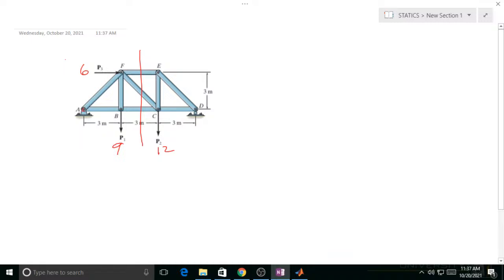First thing we'll do is sum moments about A, using the whole structure, because what I want to find is what's this load right over here. I'll sum the moments about A, this being positive. I've got a negative, negative, negative, but I've got one positive, and that would be, how about just call it Dy.